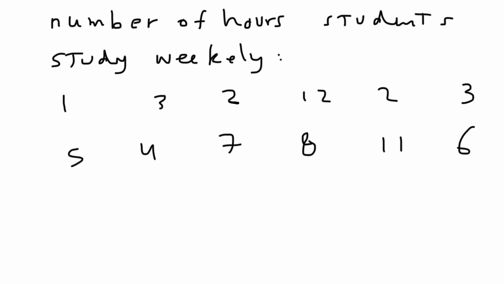Suppose I would like to construct a frequency distribution table for this data, the number of hours students study every week, and I want it to be grouped data, which means I want to group a number of values in each class. So the first step is to look at the highest value and the lowest value.